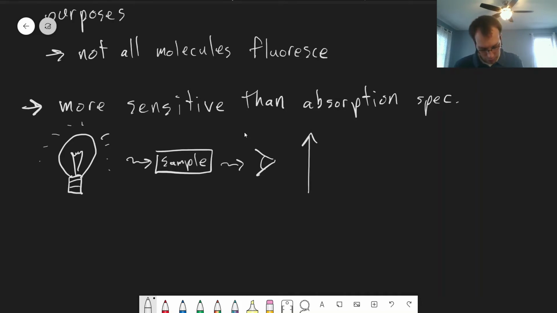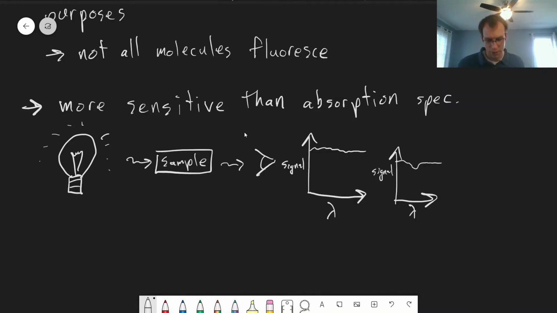So if we make a plot of signal versus wavelength, we have a large amount of signal, and then if we have any absorption, we see a small dip in this.